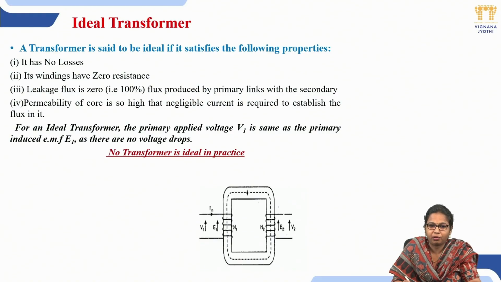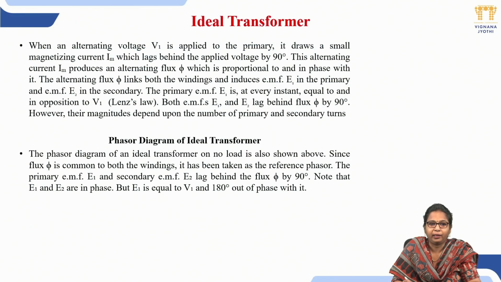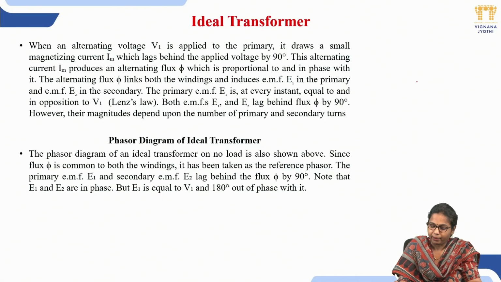So this is the transformer representation: V1 and E1 should be equal, and V2 and E2 will be equal. Whenever an alternating voltage is applied to the primary, it draws a current, which is the magnetizing current, represented with Im, and that always lags the applied voltage by 90 degrees.